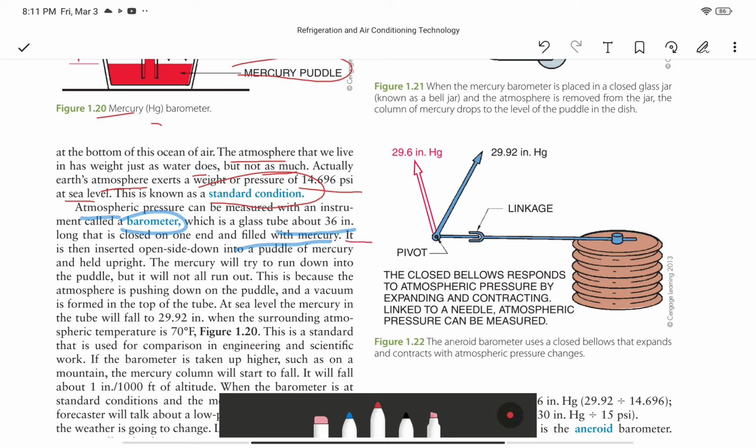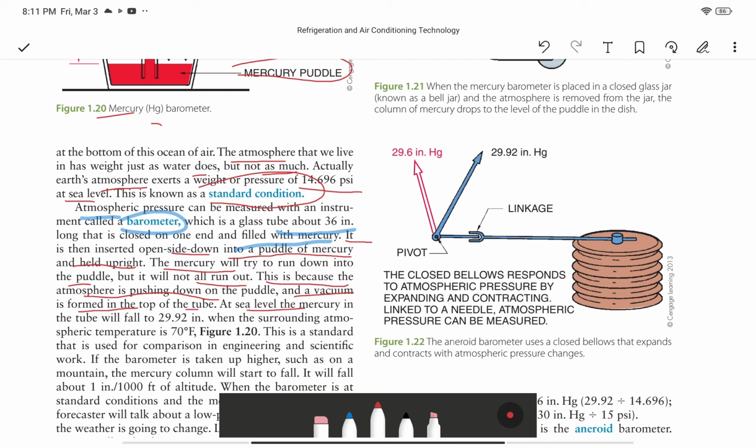It is then inserted open side down into the puddle of mercury and held upright. The mercury will try to run down into the puddle, but it will not run out. This is because the atmosphere is pushing down on the puddle and a vacuum is formed on top of the tube.